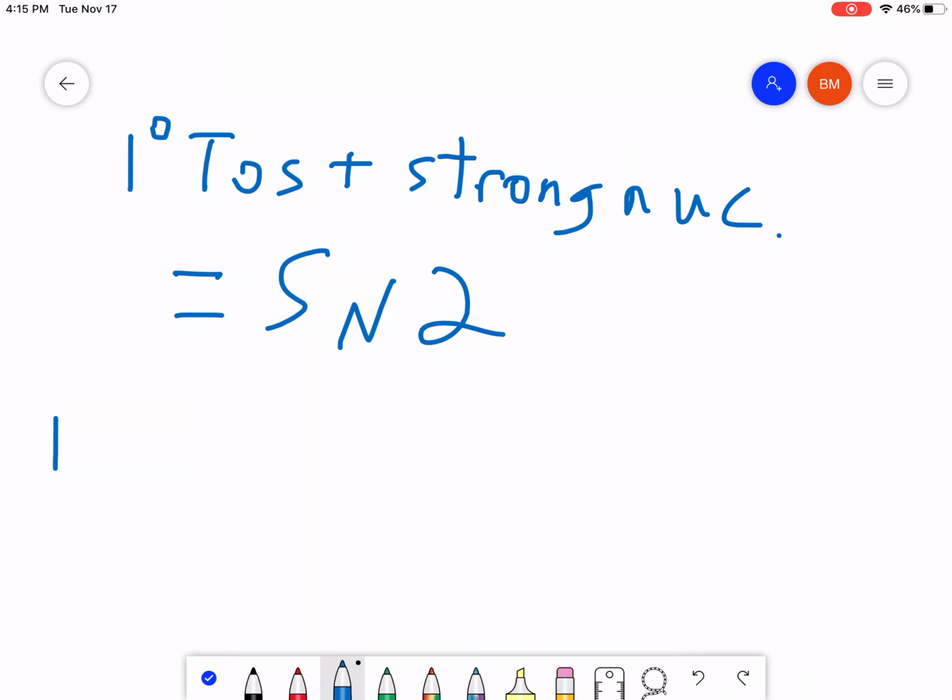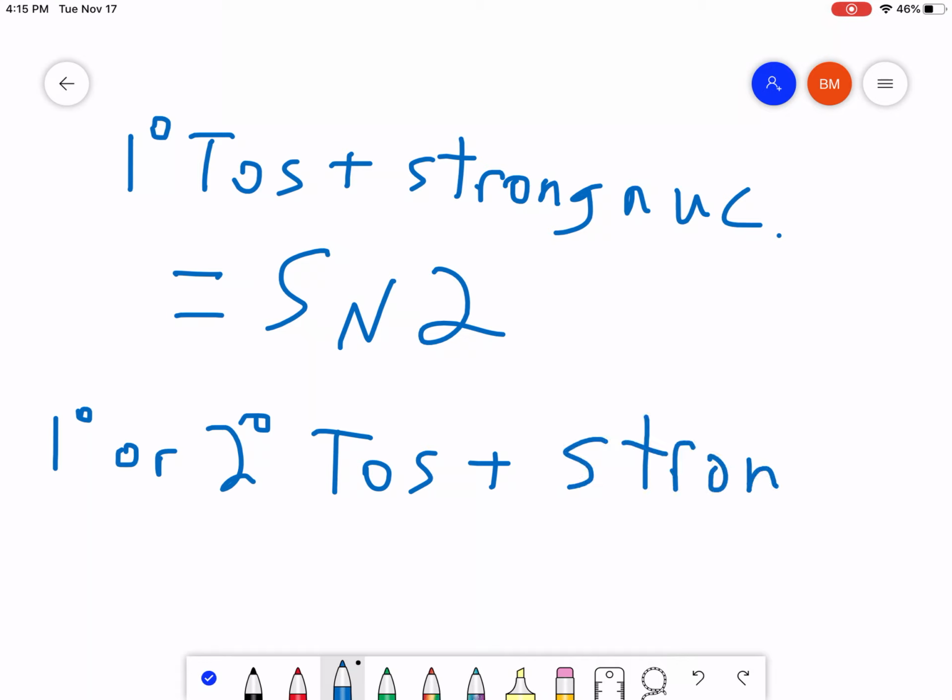If you have a primary or secondary tosylate and something that can act as a strong base, but a non-nucleophile. And do you remember an example of that?